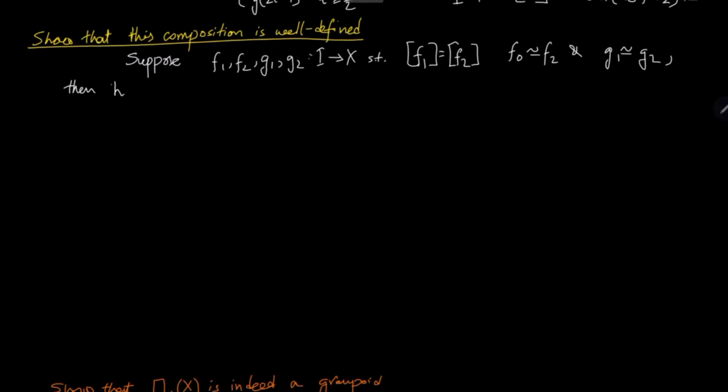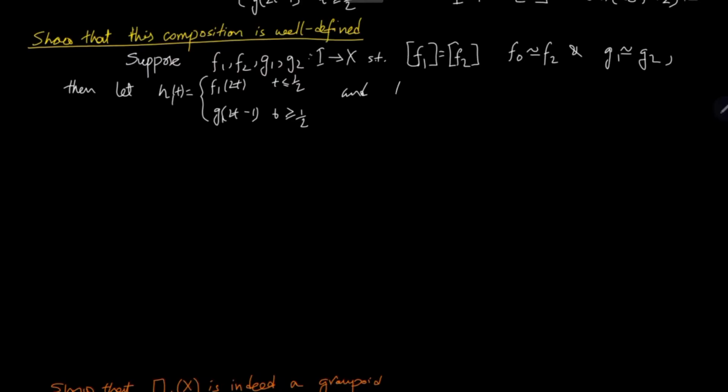Then let h1 of t be defined by f1 of 2t, and g1 of 2t minus 1, for t less than or equal to half, and t greater than or equal to half.